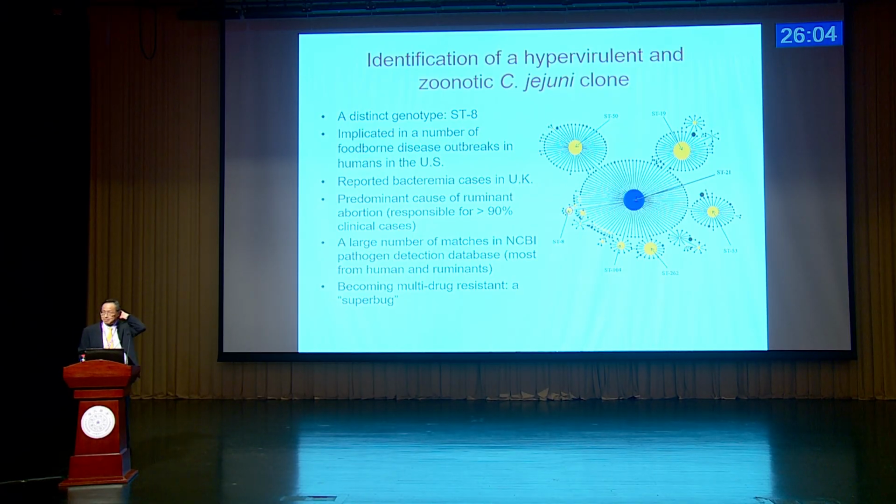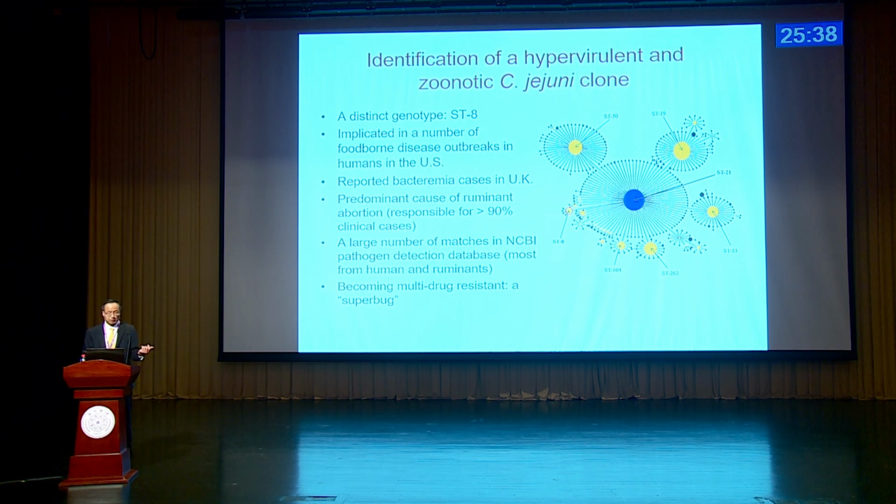So our lab has been studying Campy for many years, and in the past, I would say 8 or 10 years or so, we identified a hypervirulent clone of Campylobacter jejuni, which is ST8, MLST type 8. This clone has been implicated in a number of human infections, outbreaks, and sporadic infections.